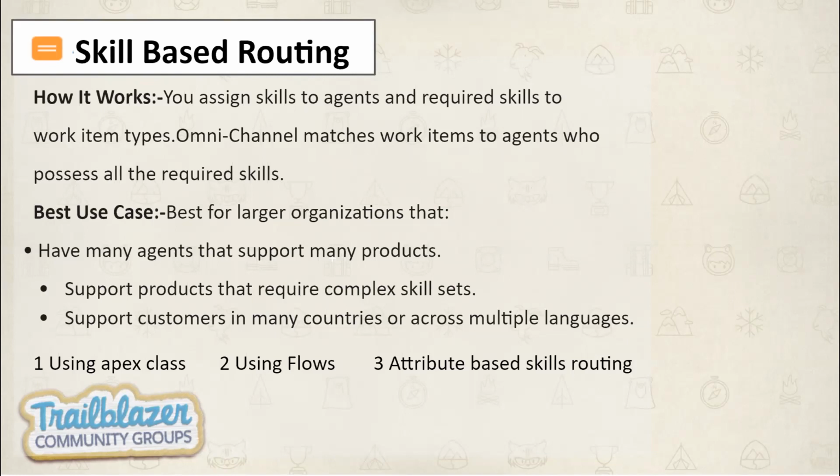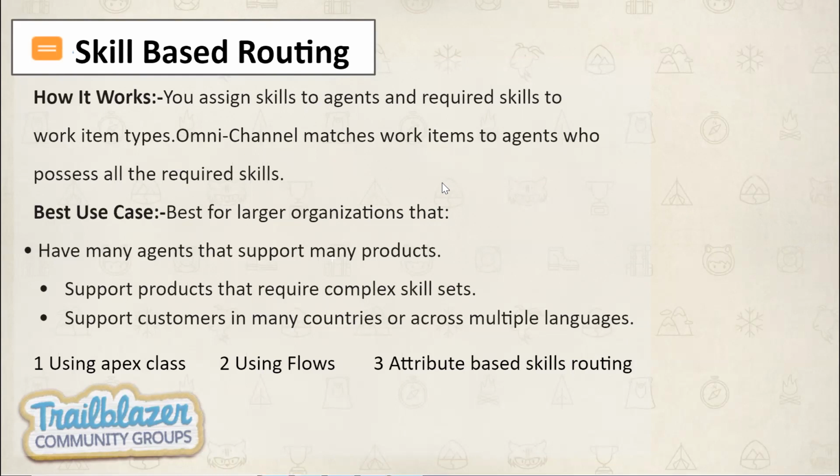So how does it work? You can assign skills in this. You just have to create the skills and assign those skills to the agent. Agents here are again the users who are going to use the Service Cloud application and the omni-channel. The user who is going to use it, we call agent here. In skill based routing, we assign skills to the agent and required skills to the work item.